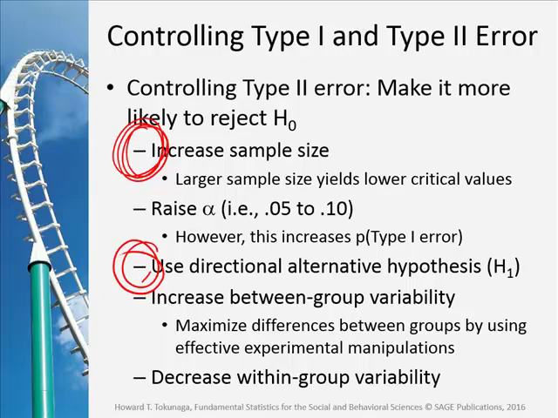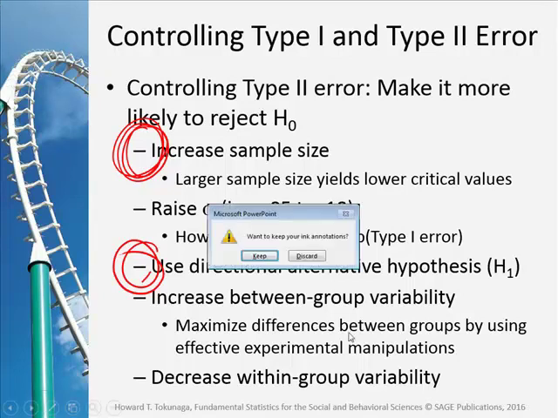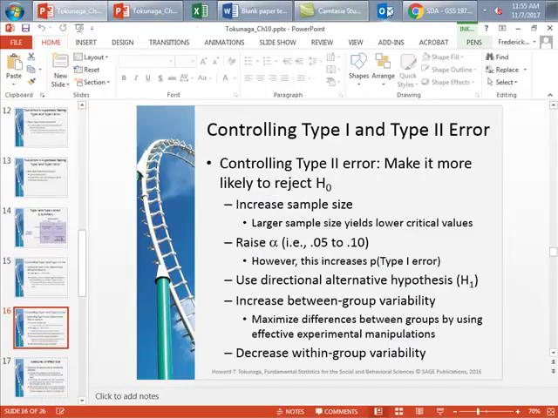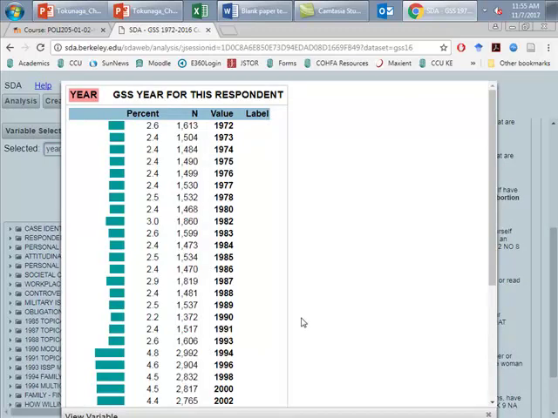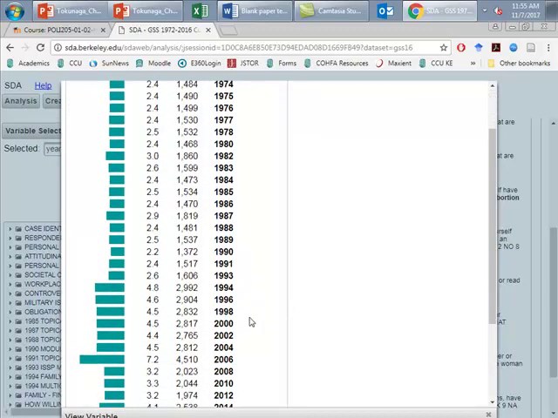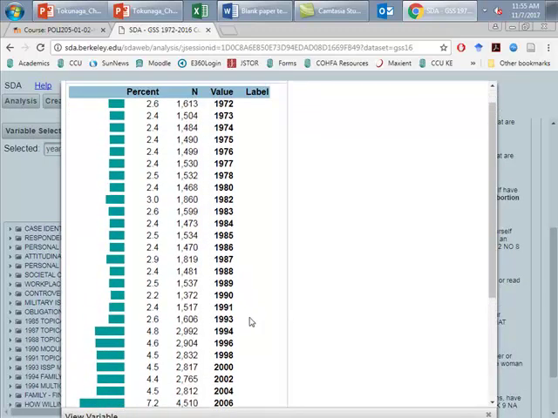The sample size thing, I've got an easy one. This is something that is common in political science.